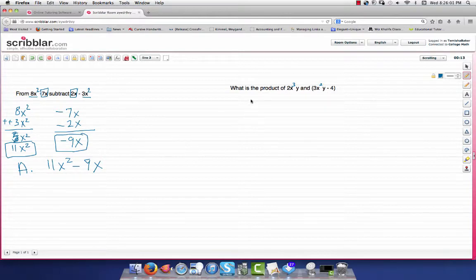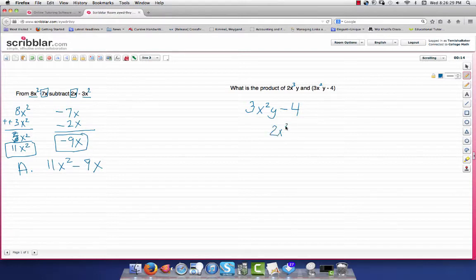We would set it up like we would multiplication. This one, you do not have to worry about if the variable terms look alike because it's done differently in multiplication and division. And so you can just set it up like a multiplication problem.